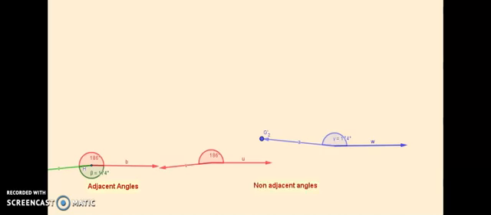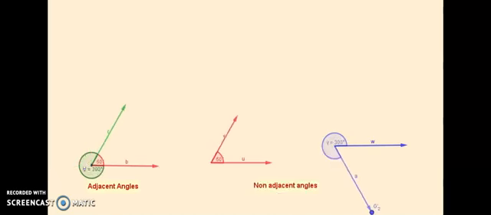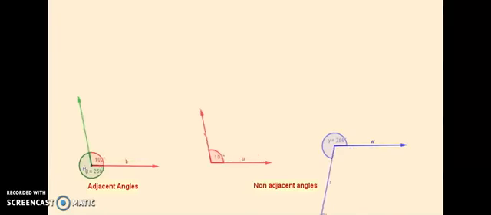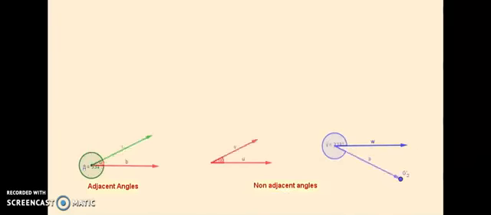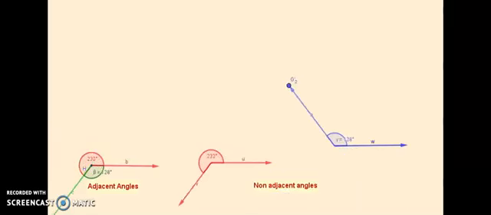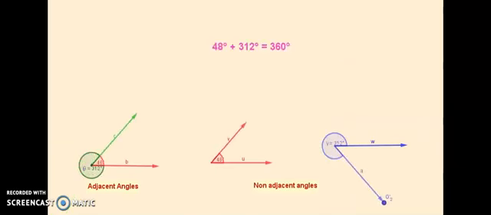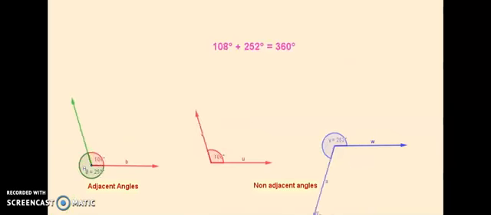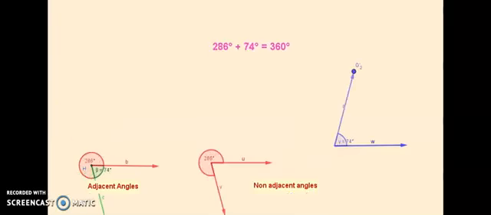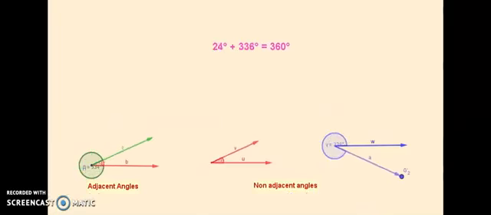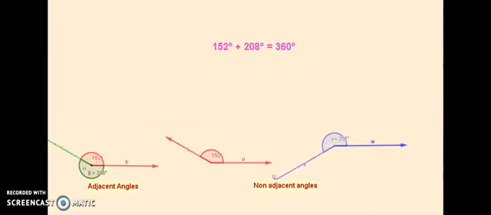Now let us try to see the sum of these pairs of angles. What is the sum of these angles? Yes, you can observe, the sum of the angles is 360 degrees. Whenever we change the values, we notice that the sum is 360 degrees in both cases, adjacent angles and also non-adjacent angles.